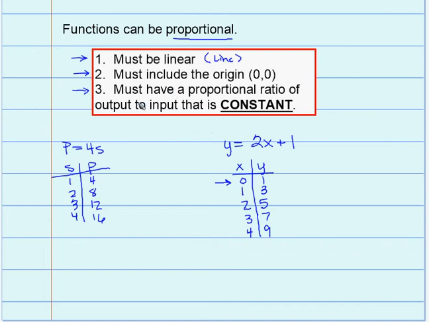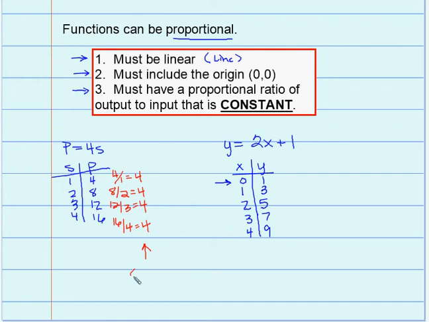But let's look at the steps for the first function, because this one isn't proportional, it's not going to be proportional because it doesn't include the origin. But look at the ratio here of output to input: for P equals 4s, the ratio of output to input is 4, 4, 4, and 4.